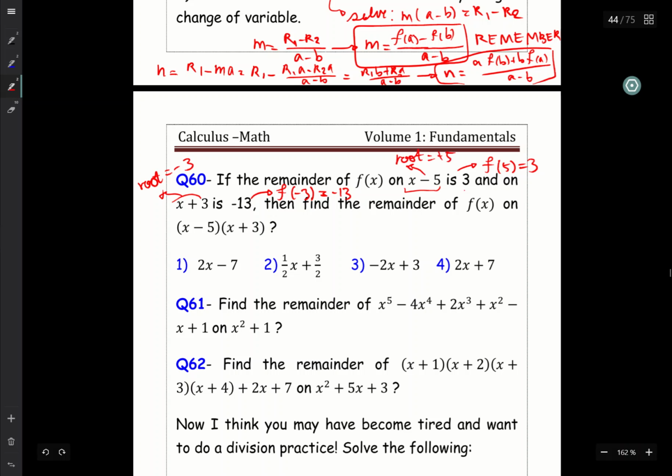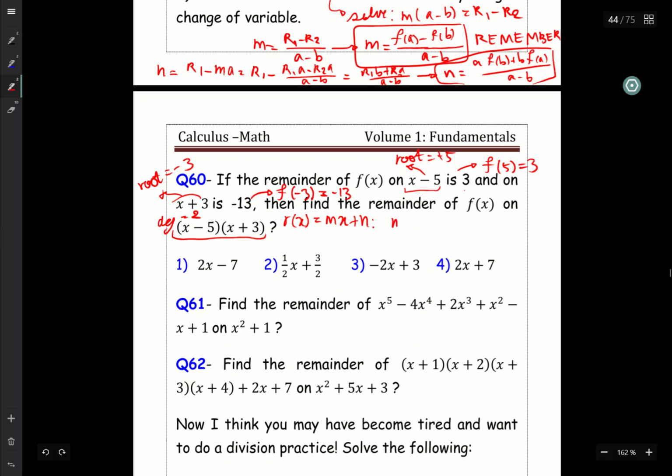And we have to evaluate f of x at the root. Then find the remainder of f of x on x minus 5 times x plus 3. Because the degree here is 2, the remainder has to have a degree of 1 or 0.